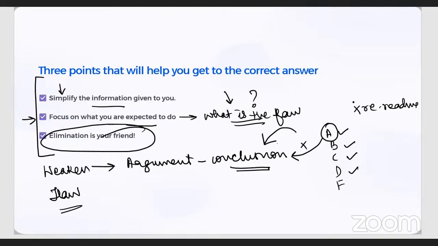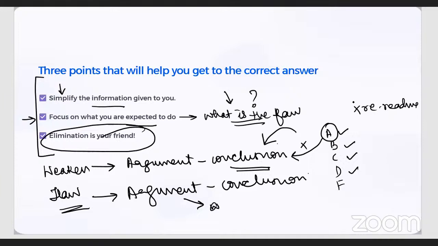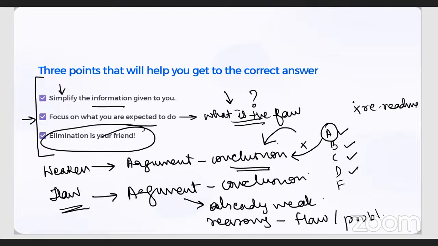All right. In a flaw in the argument question, an argument is given to you. There is a conclusion that has been presented. The difference is this argument is already weak. The reasoning that has been presented, there is some flaw, there is some problem. In a flaw in the argument question, your argument has already been weakened for you.